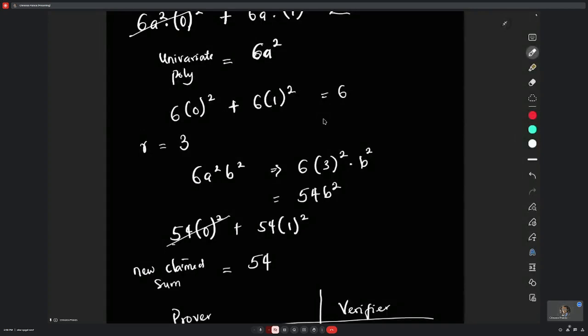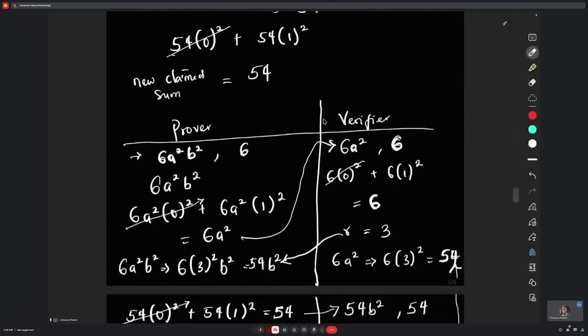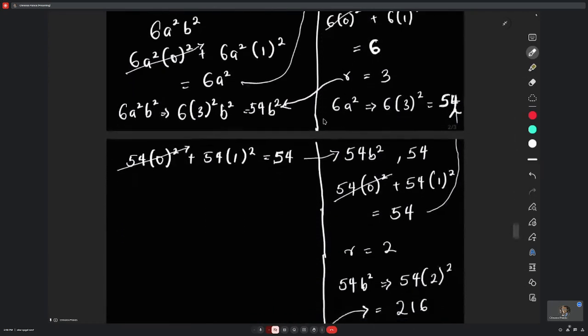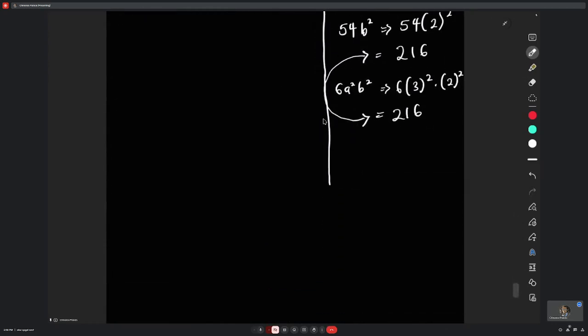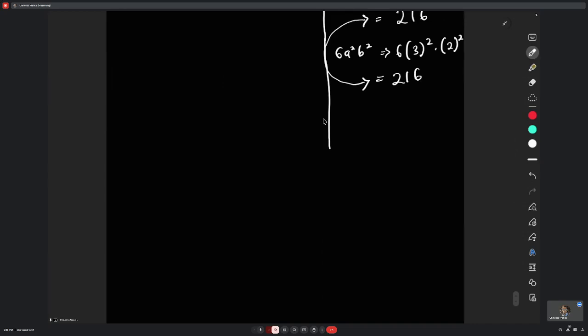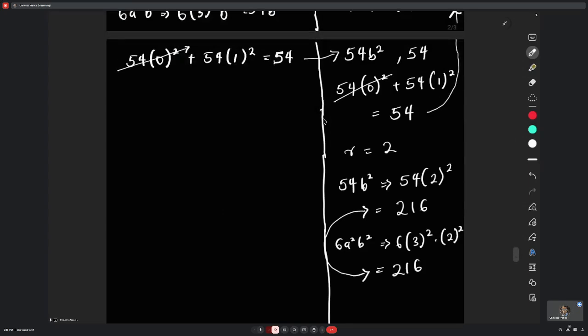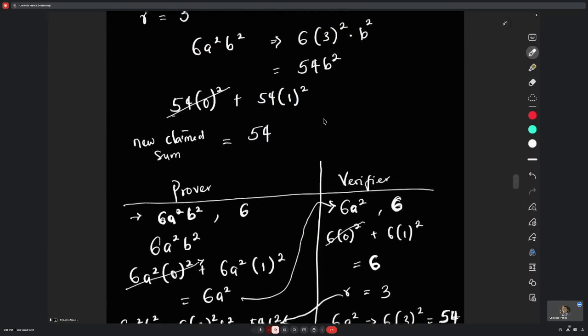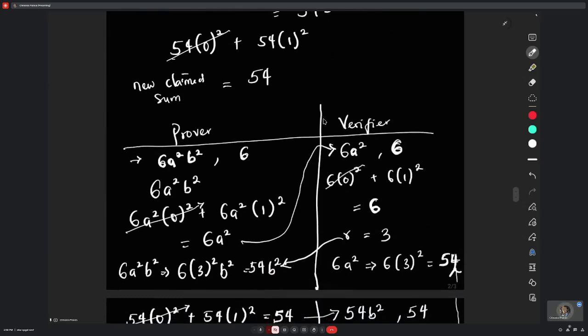So let's look at it in the evaluation form first. This is the Sumcheck protocol in the coefficient form.